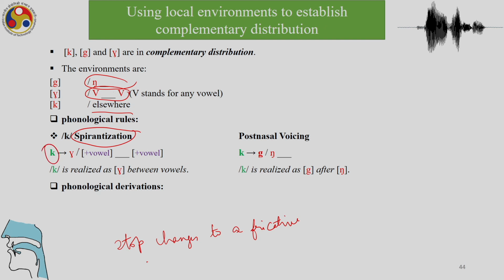Here it is a velar stop which becomes a velar fricative. Between 2 vowels, when it is flanked by 2 vowels, k changes to r. And we also find post-nasal voicing, that is, when k becomes g, there is always an n preceding it. Whenever there is a nasal, the k becomes g in this context because of the preceding nasal. It takes a feature of voicing, and that is called post-nasal voicing.